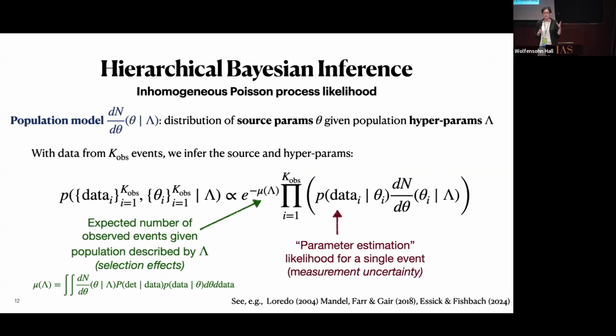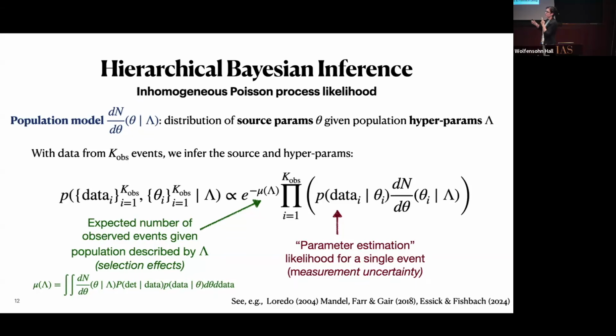When we are actually trying to simultaneously fit for the rate and the shape of the population, it becomes a little bit more complicated, but if you just squint at this, it's still just a Poisson distribution. It's just that now we can simultaneously fit the source parameters theta and the population hyperparameters lambda.